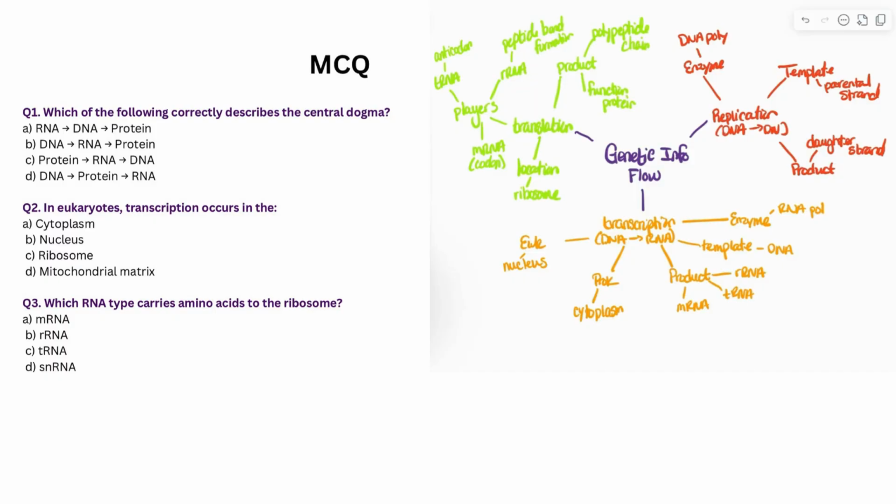Number two, in eukaryotes, transcription occurs in the number three, which RNA type carries amino acids to the ribosome? So if you're getting stumped, go back to your micro mind map and you'll find your answers. And then you can place them in the chat.